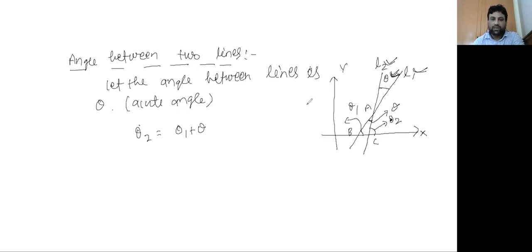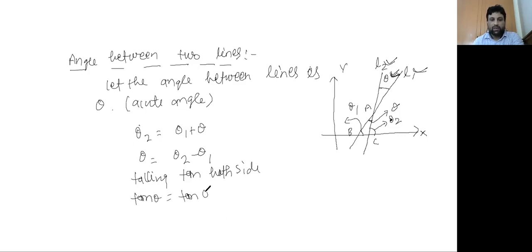Now here I want to find the angle between two lines. It means we want to find theta. So we can write theta is equal to what? Theta 2 minus theta 1. Taking tan on both sides, it will become tan theta is equal to tan of (theta 2 minus theta 1). Now we can apply the formula of tan(a minus b). We have already learned this formula in the trigonometry chapter.